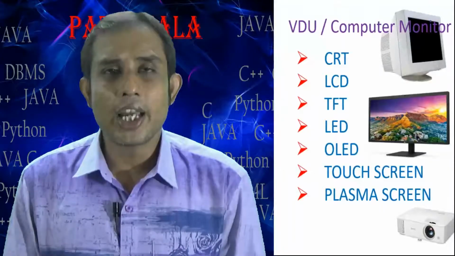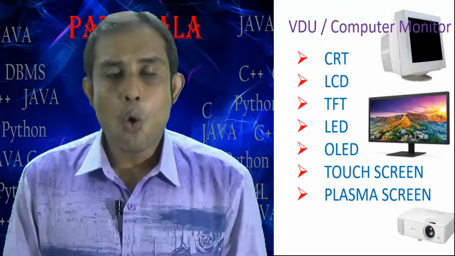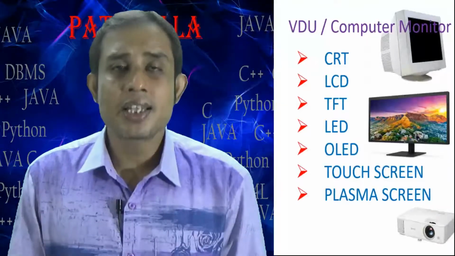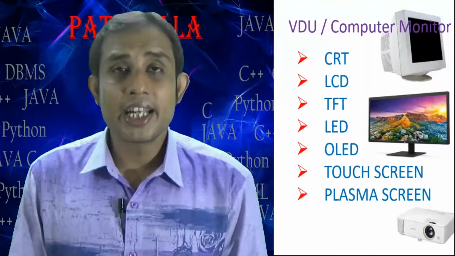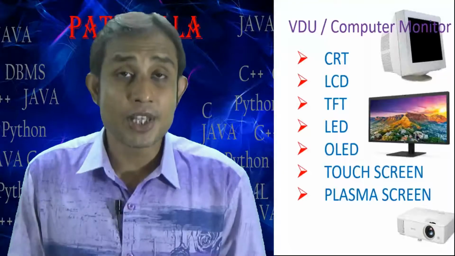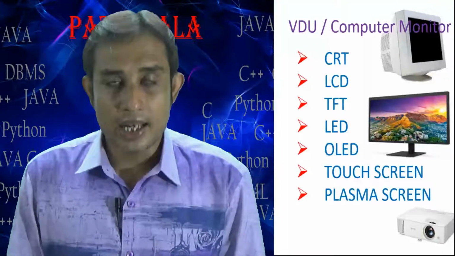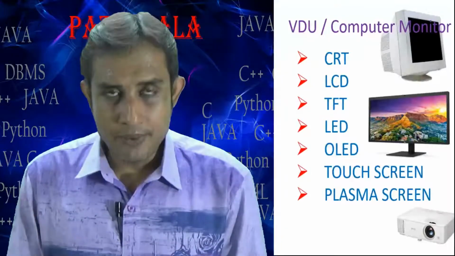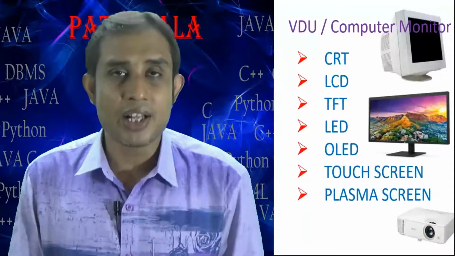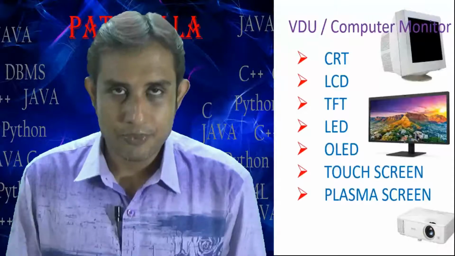Next one is the OLED monitor. An OLED display screen consists of several pixels made from organic light emitting diodes instead of the liquid crystal which is used in the LCD monitor screen. In the case of OLED, there is no need for backlighting to make it work.